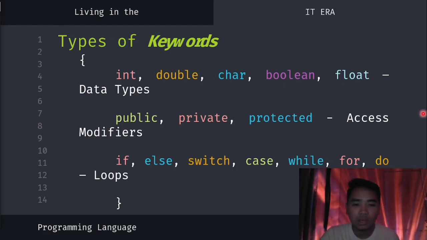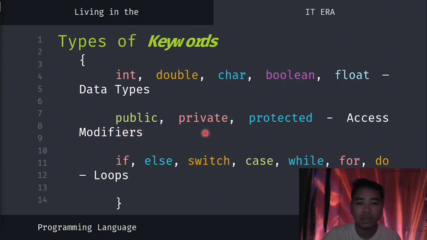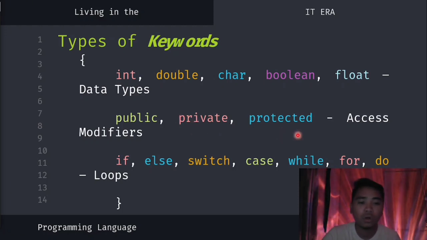Then in access modifiers, we have public, private, protected. Public means accessible by any other class, private is accessible only within the declared class, and protected is accessible in the same package and subclasses.